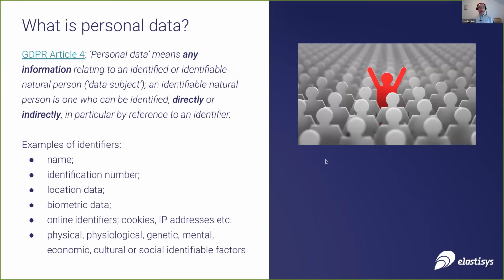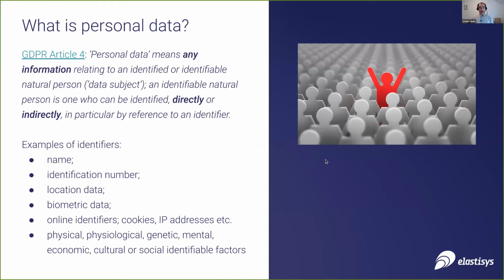Now, let's start with what exactly is personal data. GDPR defines personal data as any kind of information that can directly or indirectly identify a natural person. So the typical things that somebody would think of are the name, social security number, home address, location, and so on. However, notice the subtlety of the law: everything that allows you to indirectly identify a natural person also counts as personal data.